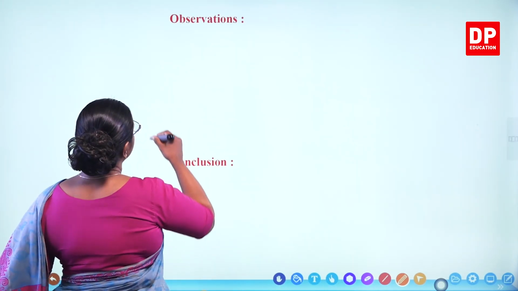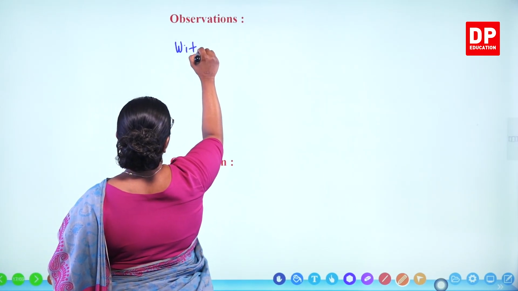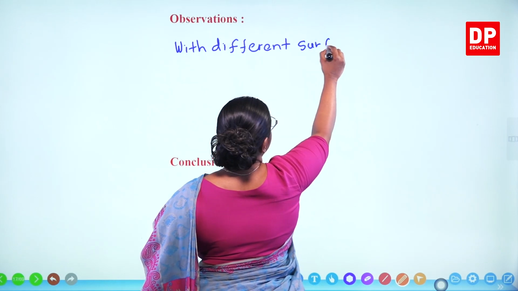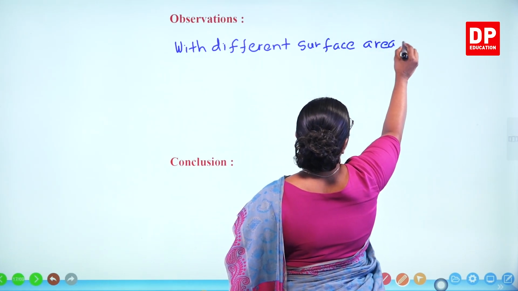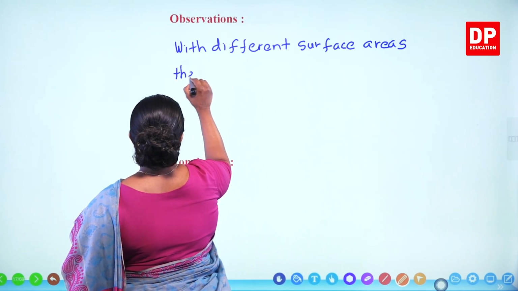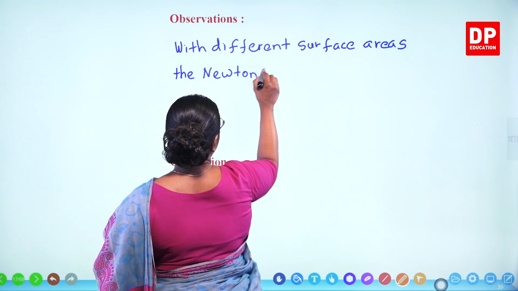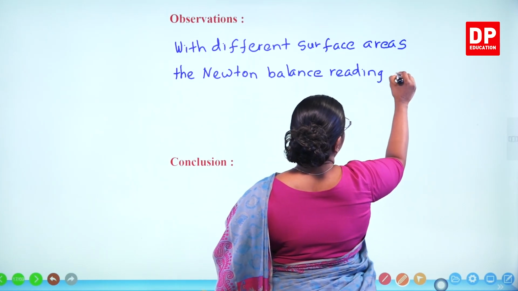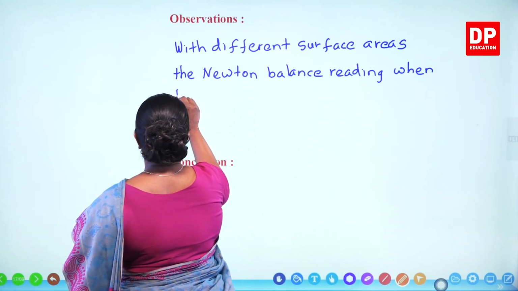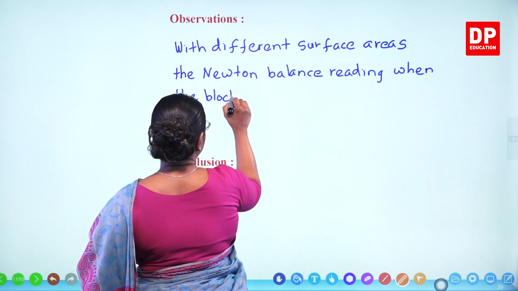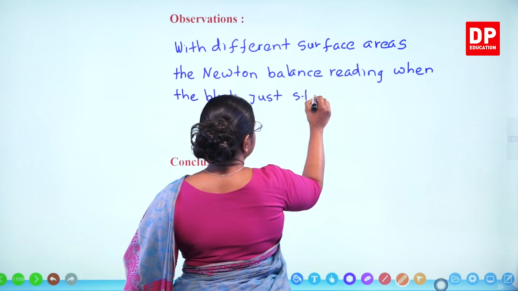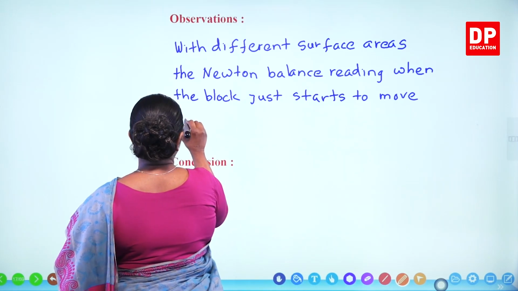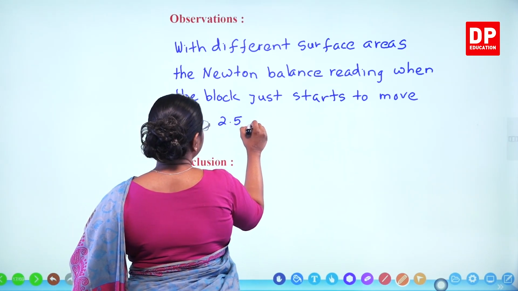So here the observation is, with different surface areas, the Newton balance reading when the block just starts to move was 2.5 Newton.